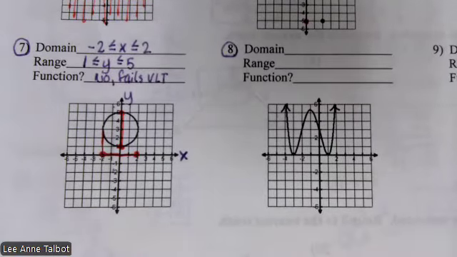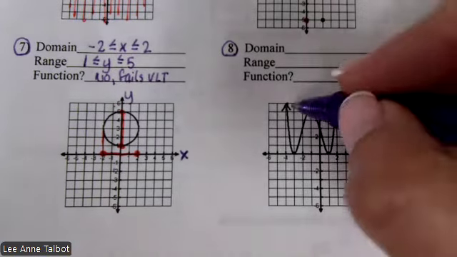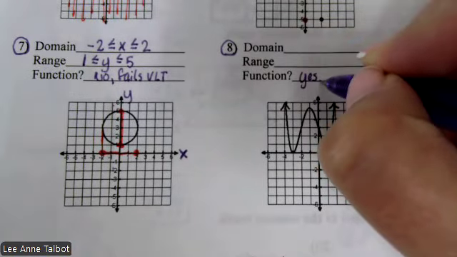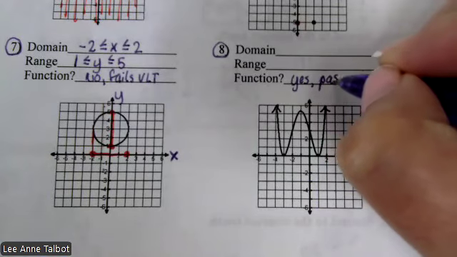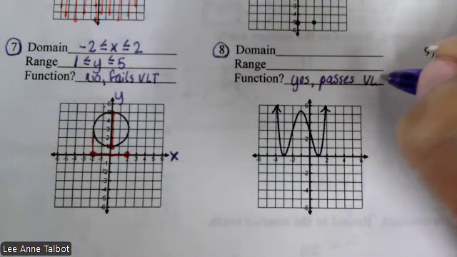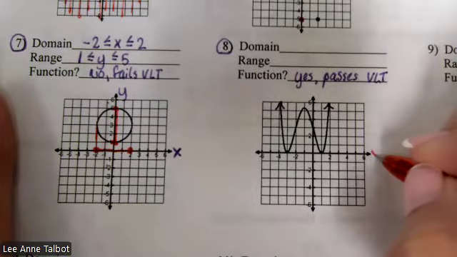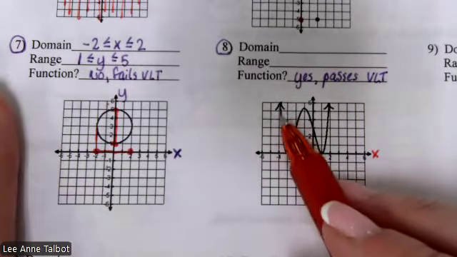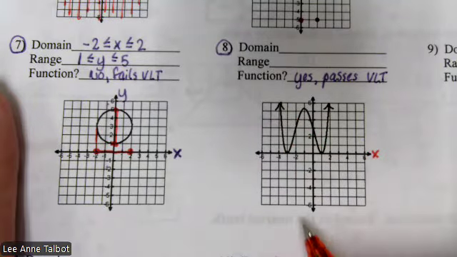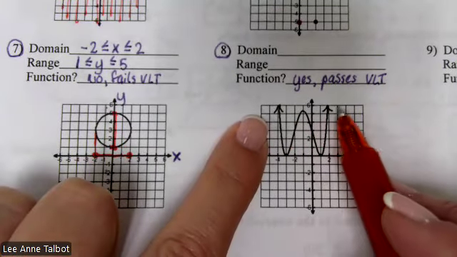Okay, number 8. Is this a function? Yes. This is another one of those drawings where the arrows look like they're just going up, but I promise you it's going left forever and right forever also.